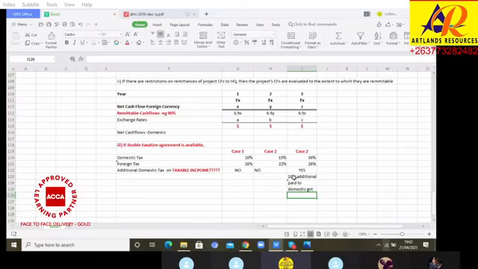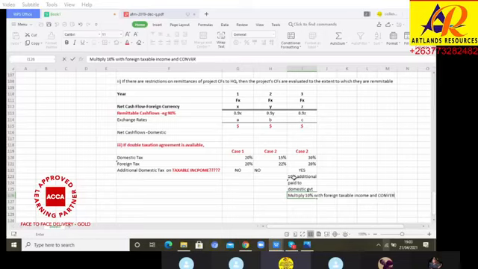So what do you do now? It means you multiply 10% with the foreign taxable income, and convert to domestic currency, because you are now paying the Zim government.